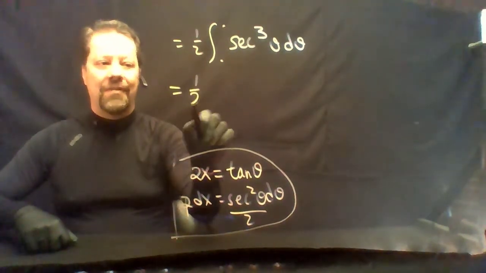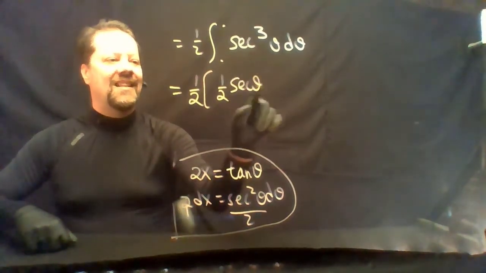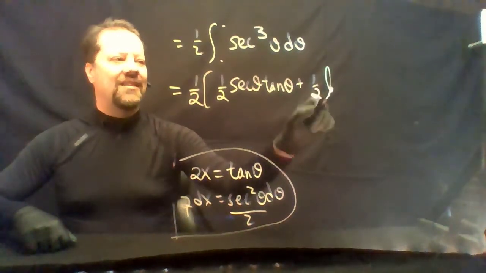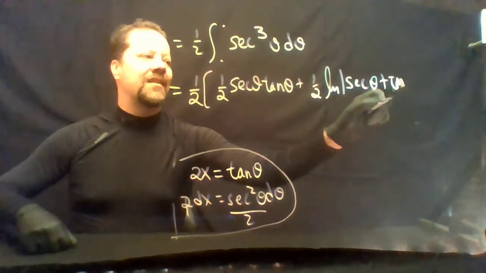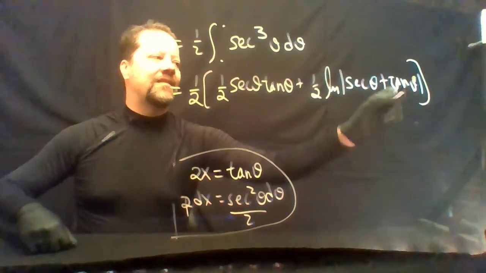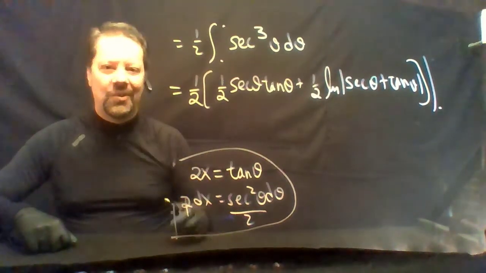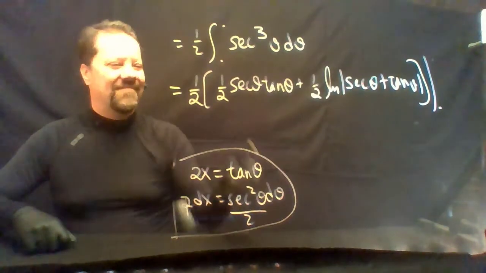Using our reduction formula, we'll get 1/2 secant theta tangent theta plus 1/2 log absolute value secant theta plus tangent theta, and then we're evaluating from dot to dot. No, I didn't remember the reduction formula. I had to look it up.